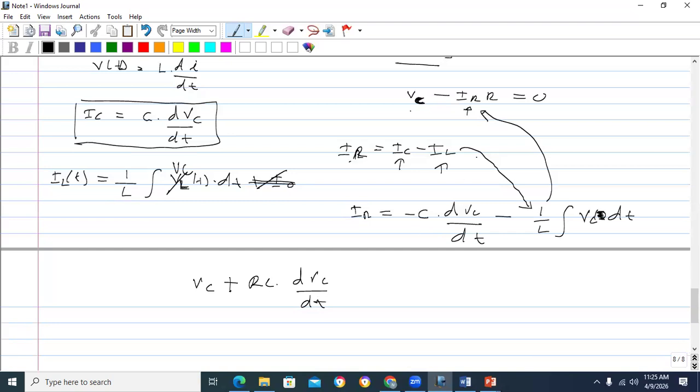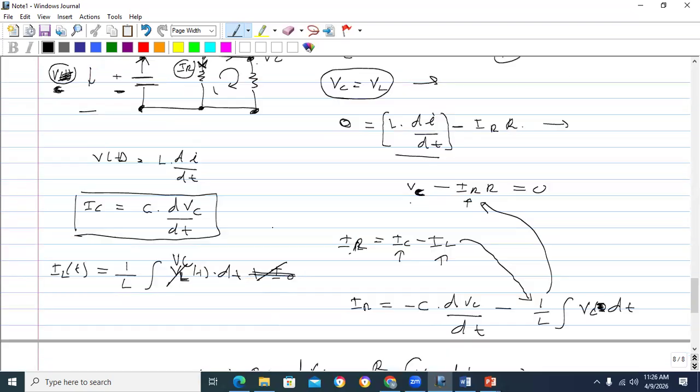And here also minus minus, it will be plus, 1 over L, R 1 over L, that means R over L integration VC dt. So that is equal to 0.